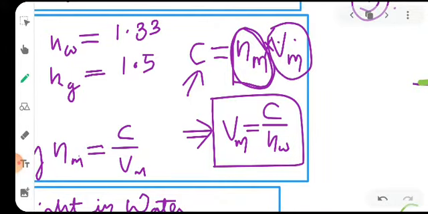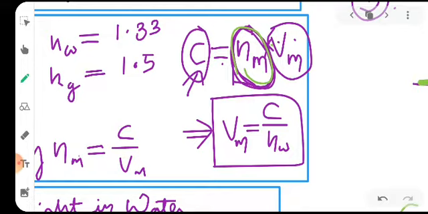Let me repeat that: speed of light in vacuum is equal to refractive index times the velocity of light in the medium.